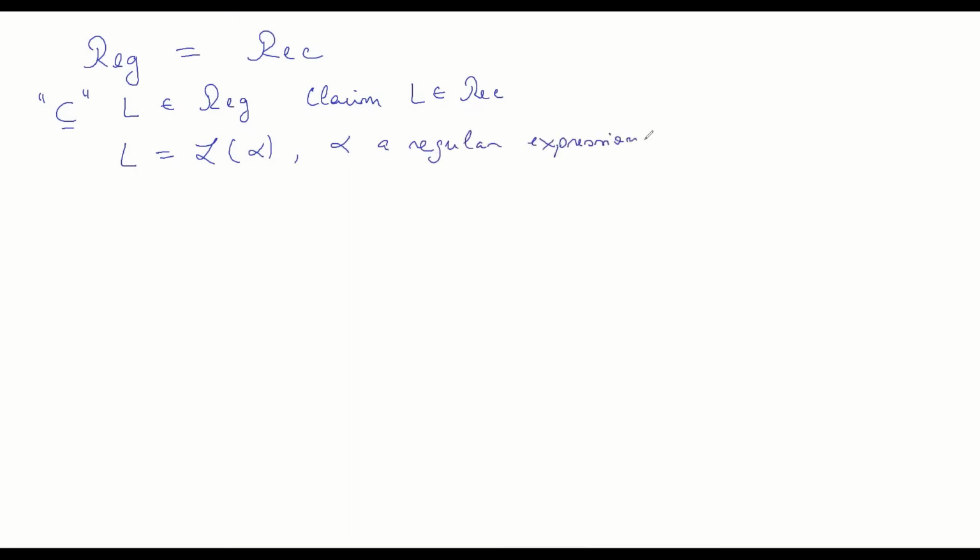Now I can start with my induction basis. If alpha is the empty set, then L is the empty language, and obviously that's a recognizable language. On the other hand, if alpha is just letter A for some A from sigma, that implies that L is the singleton A, and that's obviously a recognizable language as well.